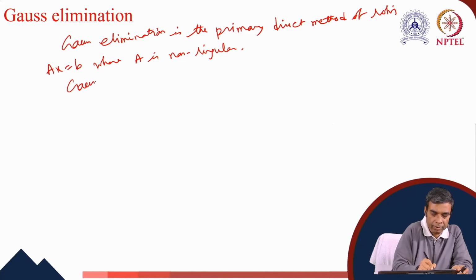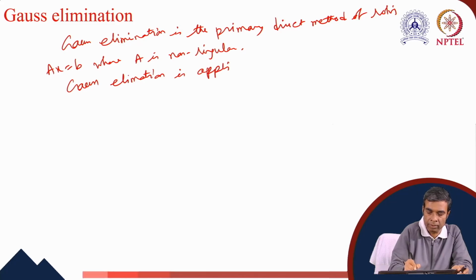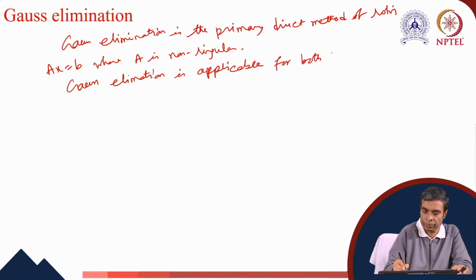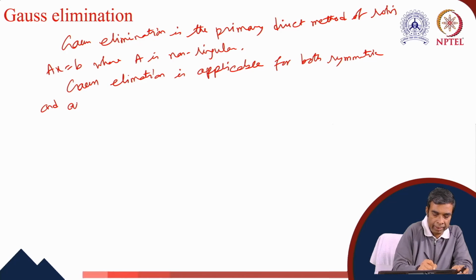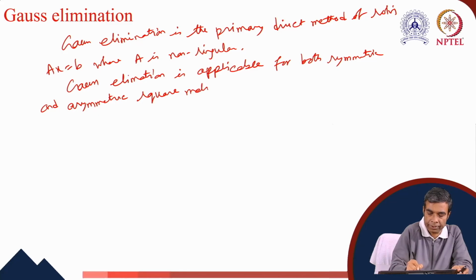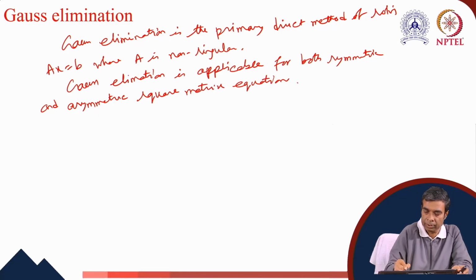Gauss elimination is applicable for both symmetric and asymmetric square matrix equation systems.